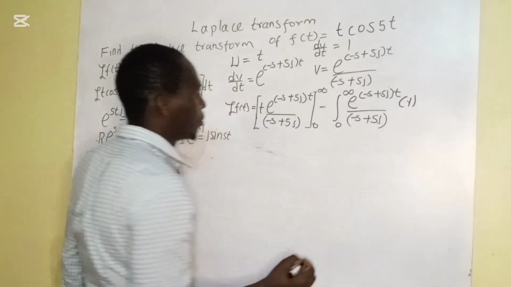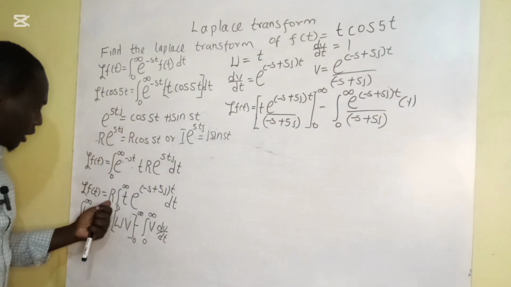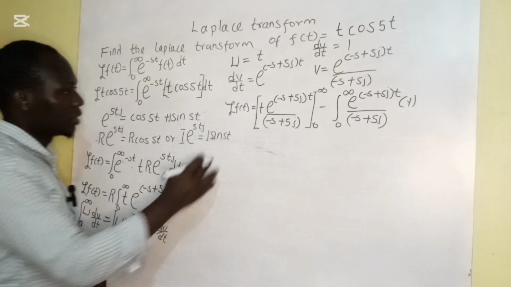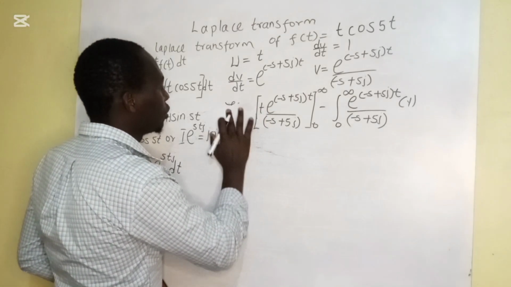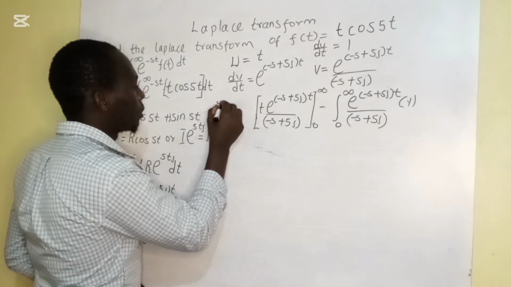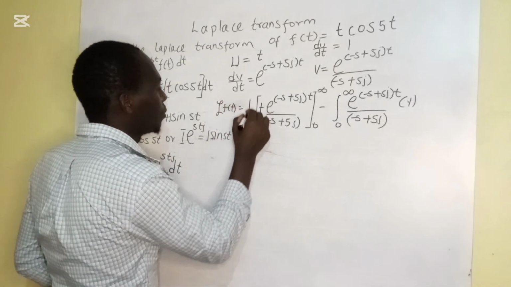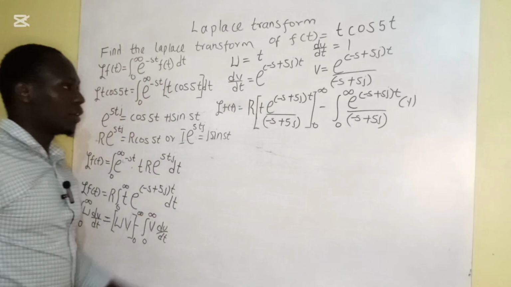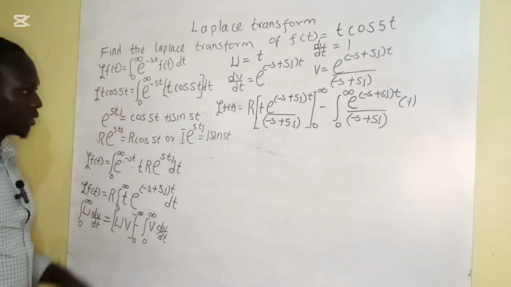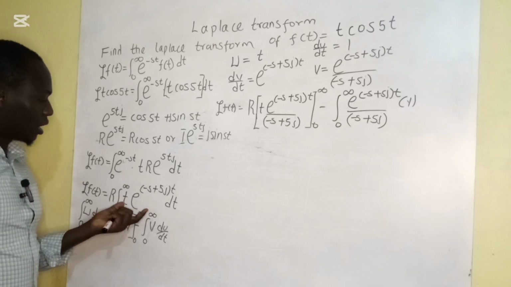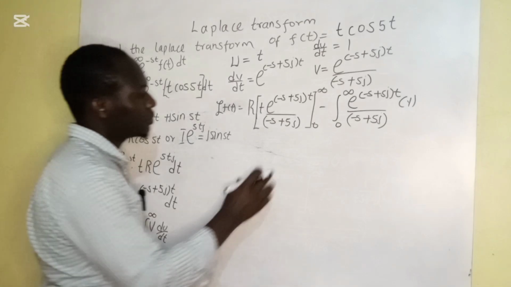Here we are going to have 1. But when you check here, it was r. We multiply by everything, to mean that at this point now, I'm supposed to be having the Laplace transform of our function f of t is equals to r. Don't forget about the r that is here because we are doing integration by parts of our integral here.